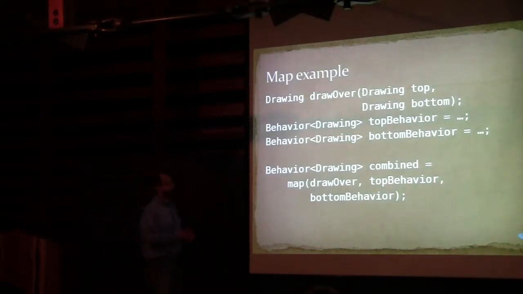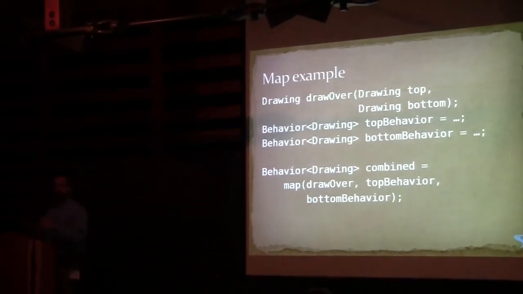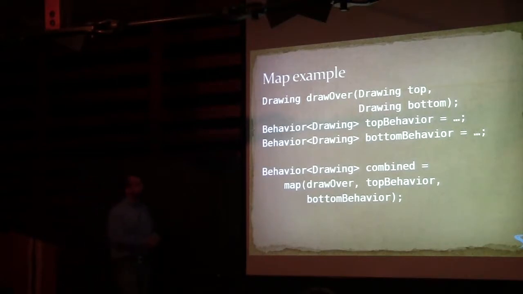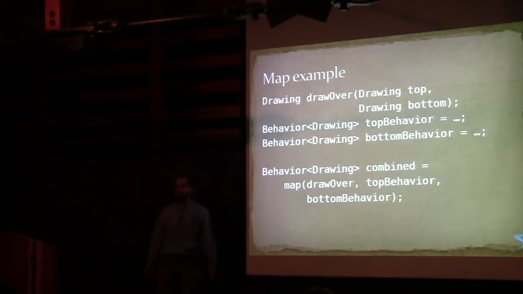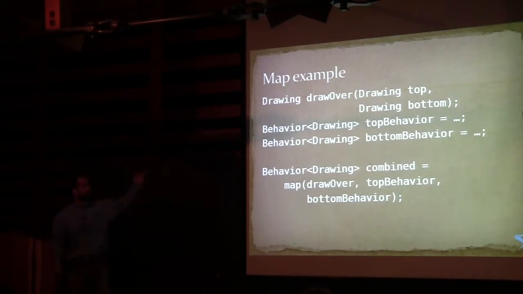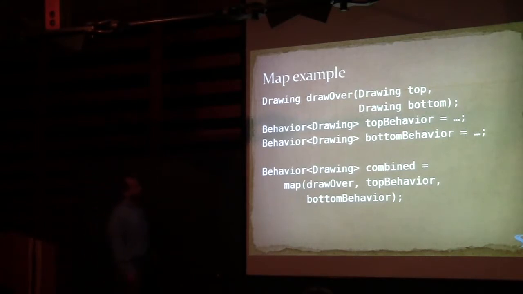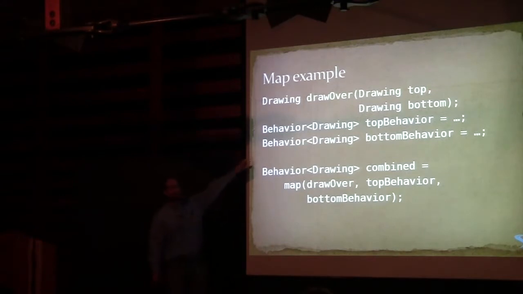Let's look at an example of using this map. At the top here we have this function called draw over. It just takes two drawings and it produces a drawing with the top on top of the bottom. We have some top behavior which is defined as some crazy drawing, and a bottom behavior. But remember that these behaviors are drawings for every point in time.